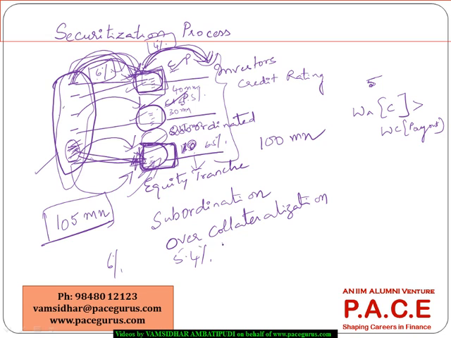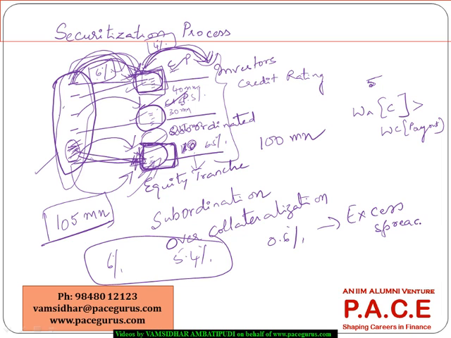So this additional 0.6 is what we call the excess spread, and excess spread is also a kind of a buffer. It's also a kind of protection that is designed.